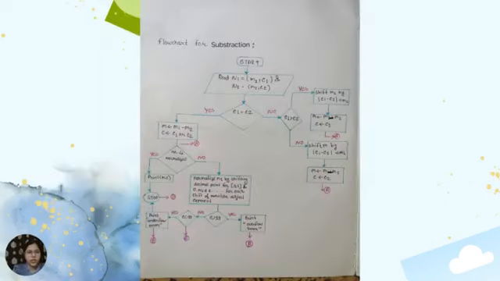Flowchart for subtraction. Start. Read n1, n2. Here the condition is e1 is equal to e2. If the condition is true, then yes, the resultant m will be m1 minus m2 and the exponent will be e1 or e2. If the number is normalized, yes, then print mantissa and exponent and stop.